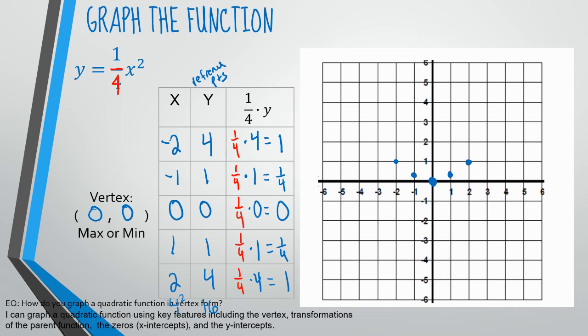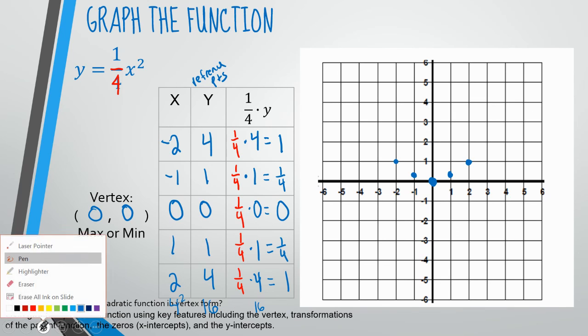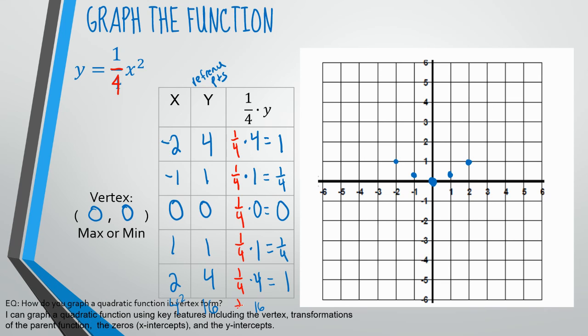And so if we go right to 4, square 16, and then you're going to take that number and times it by 1/4, and 16 divided by 4 is just 4. Same thing's going to happen if we did -4. We would have 16 here, and we would get +4. So if we go right 4, we would go up to 4. Left 4, we would go up to 4.